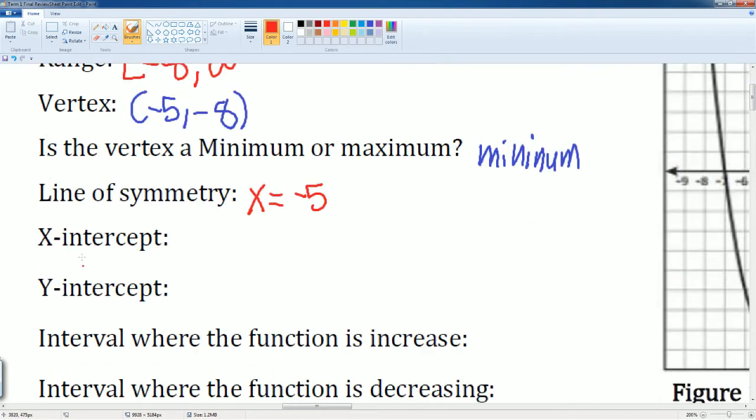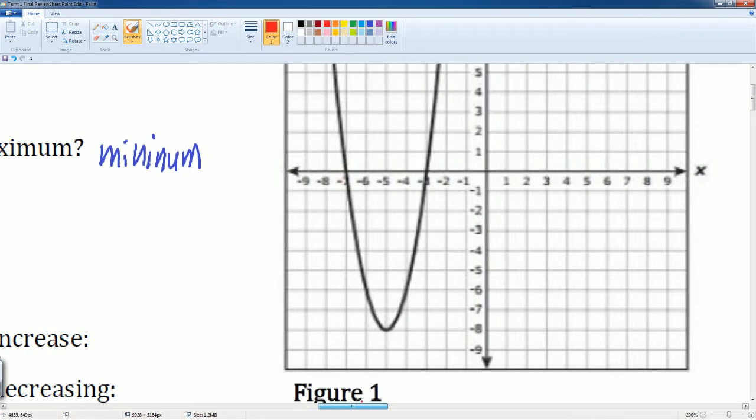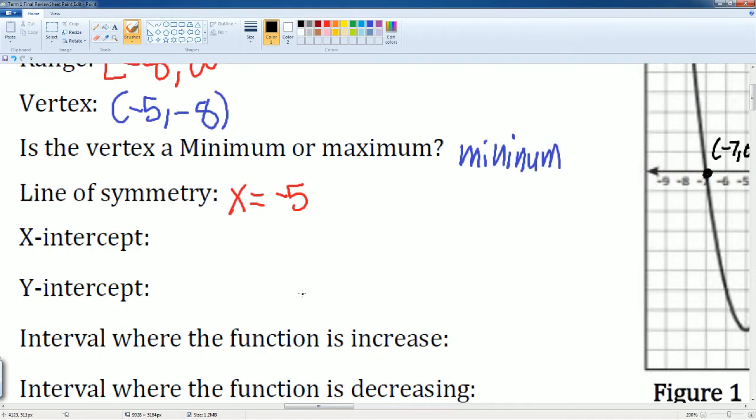Let's zoom in and take a look at your x-intercepts and y-intercept. So this is one of them. This looks like -7, comma 0. Right, and the other one looks like -3, comma 0. It's kind of blurry, but they're both negatives. All right, so let's just write that here.